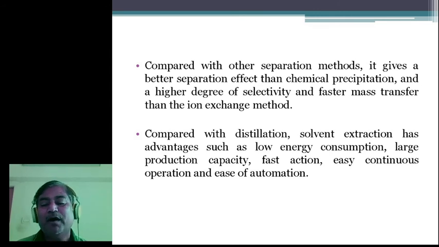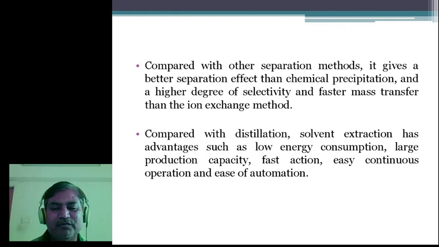Compared to other techniques like distillation, precipitation, and ion exchange, this technique requires very low energy, simple apparatus, has large production capacity, is a continuous process, allows rapid large-scale separation, fast action, and easy continuous operation and ease of automation. So these are some benefits of the solvent extraction process.